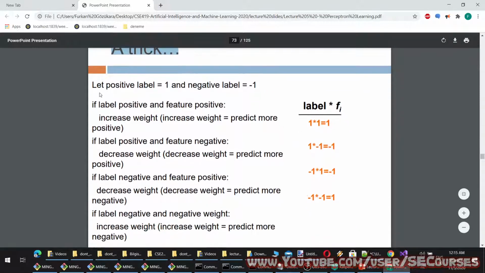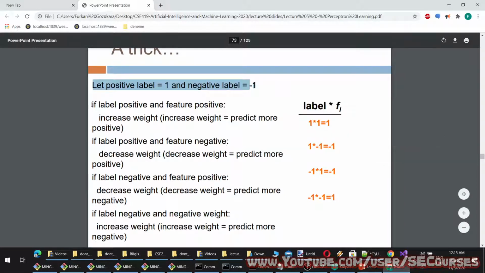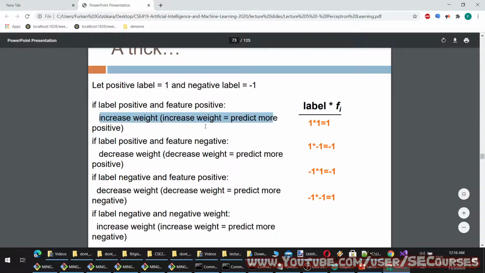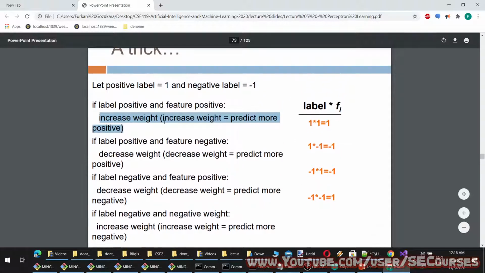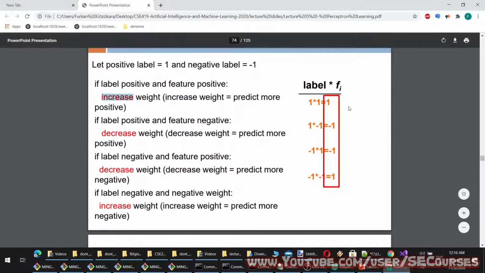A trick: let positive label equal 1 and negative label equal -1. If label positive and feature positive, increase weight equals predict more positive. Okay, I'm not going to read all of them. Here an example is given. You see increase in the first case, decrease in the second case, decrease in the third case, and increase in the fourth case.